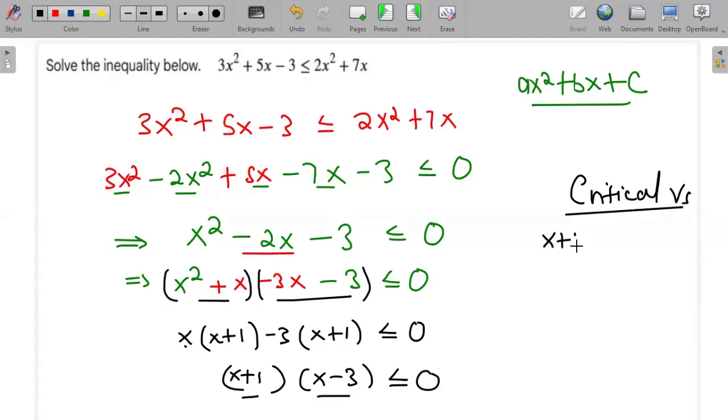That would be x plus 1 equals 0. This simply means x is equal to -1. And then x minus 3 equals 0. This simply means x is equal to 3. So these are my critical values there. Now remember this inequality that you have here. I'll keep it here.